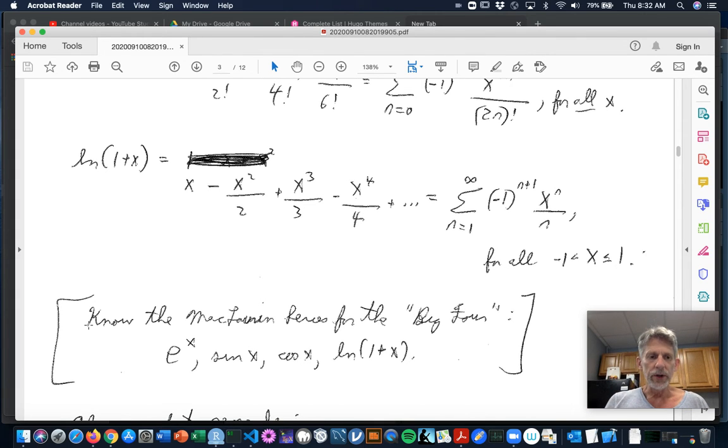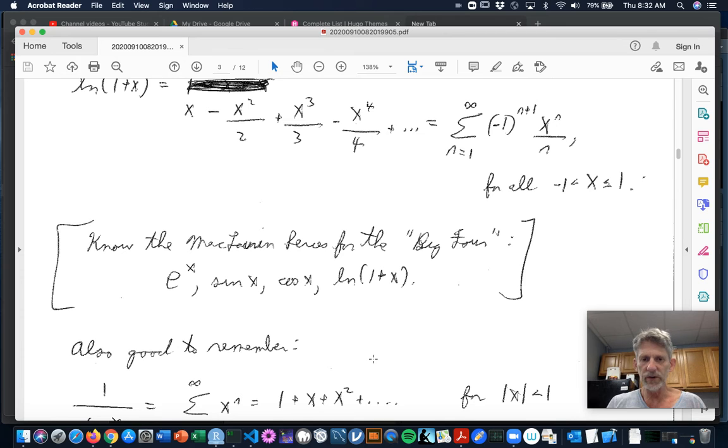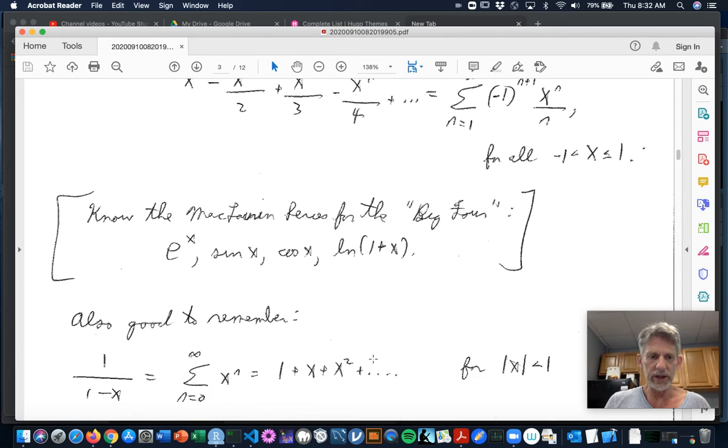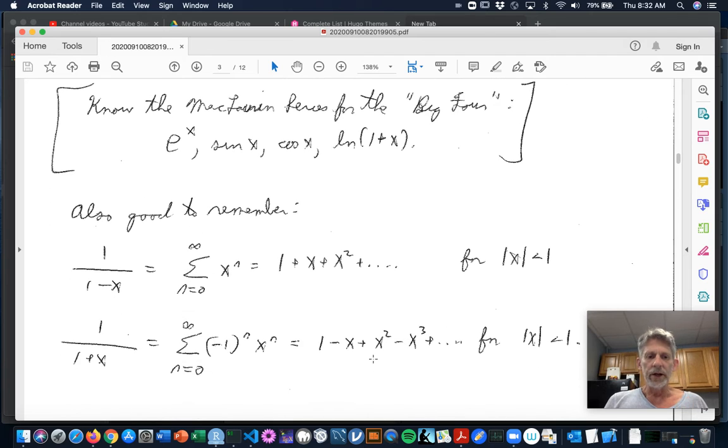Anyway, I want you to know the MacLaurin series for the big 4 functions, e to the x, sine of x, cosine of x, and log of 1 plus x. They're just so useful in applications. Another couple of good ones to remember go all the way back to geometric series, and we covered them again when we talked about power series.